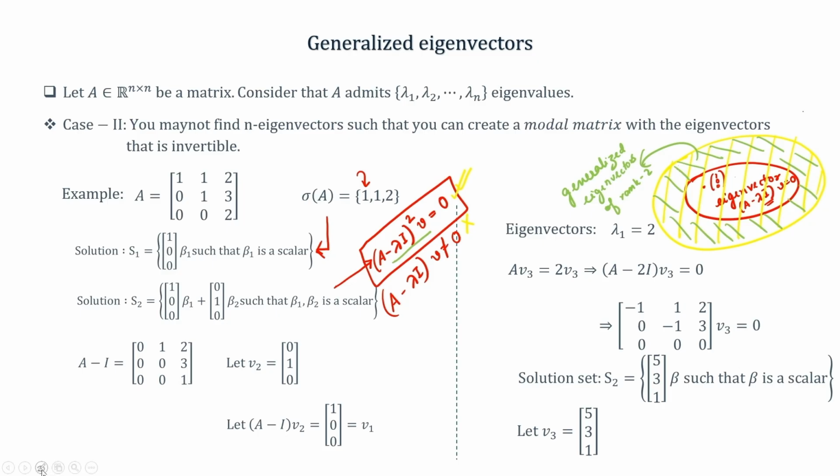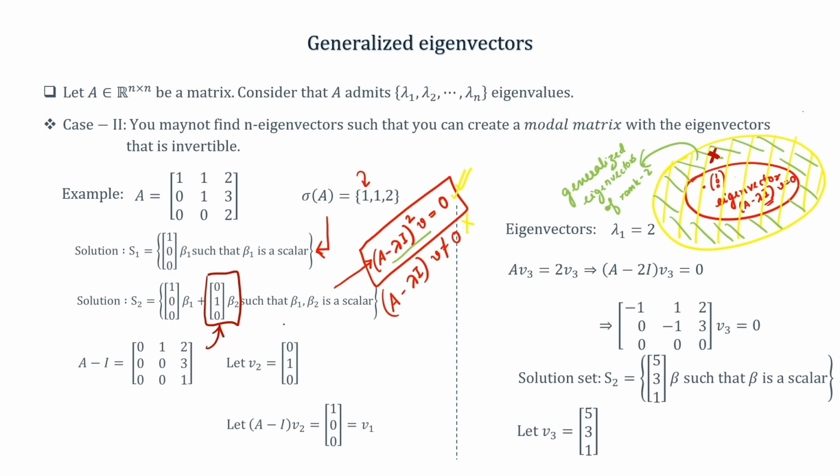Now, the idea is this. Now, we will construct the matrix. How do we construct the matrix? You start off with a vector from this set. In this example, we have only one vector, as the set can be generated by this vector, right, because I know that 0 1 0 beta 2 does not belong to and is not an eigenvector of A, right.